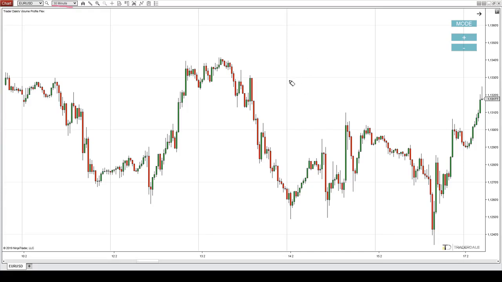For example, if I set one bar per 10,000 lots, then after 10,000 lots, a bar would get completed. Then a new bar will start forming, and after another 10,000 lots, the candle will close and another one will start forming.